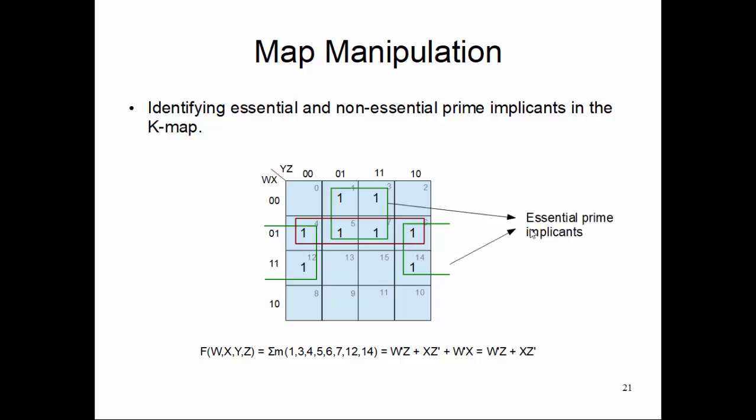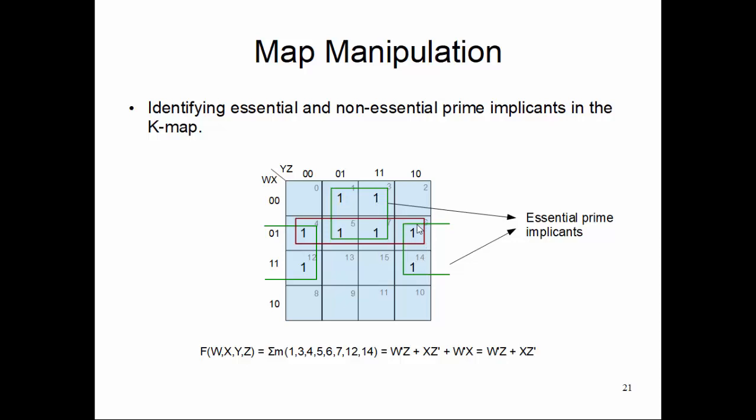Now these two are essential prime implicants. If you look at these two groups, they contain members which are not included in any other group. For example, in the group 1, 3, 5, 7, the 1 and 3 are not covered by any other group, right?